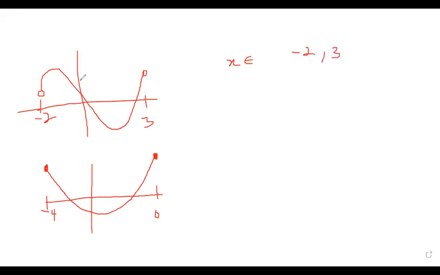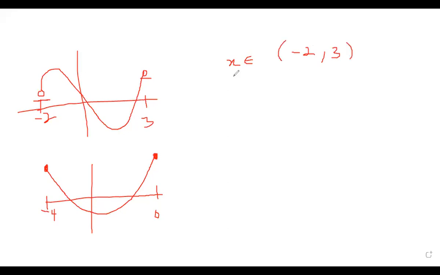Okay, but because the edges are open, it means that we have an open space there. So they are not part. -2 and 3 are not part. So we use what? Open brackets.